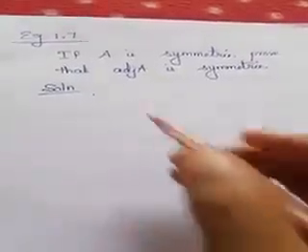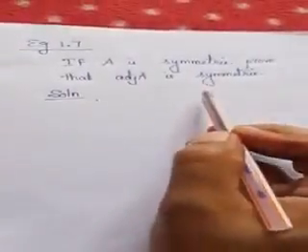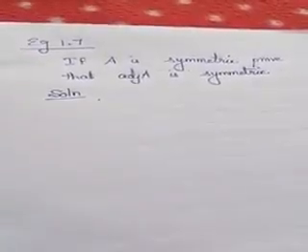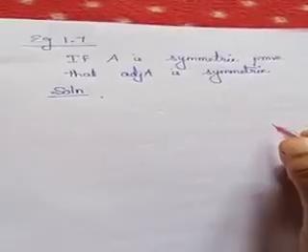Now the next problem, example 1.7. If A is symmetric, prove that adj A is symmetric. What does symmetric mean? We have learned.